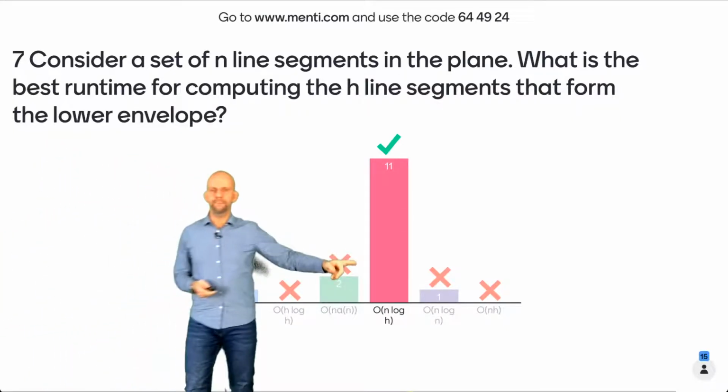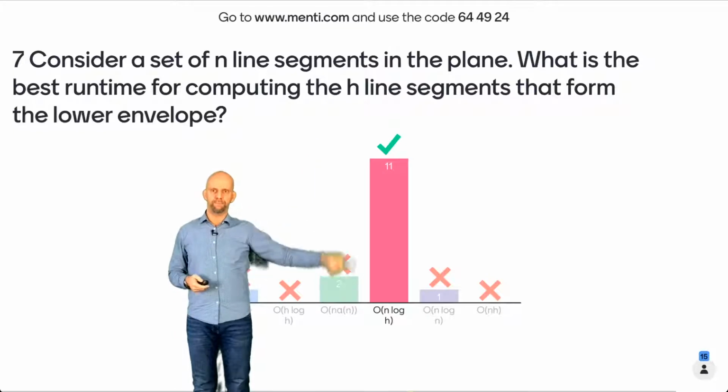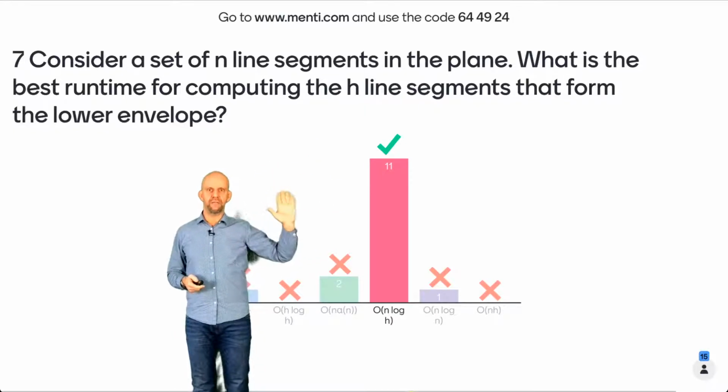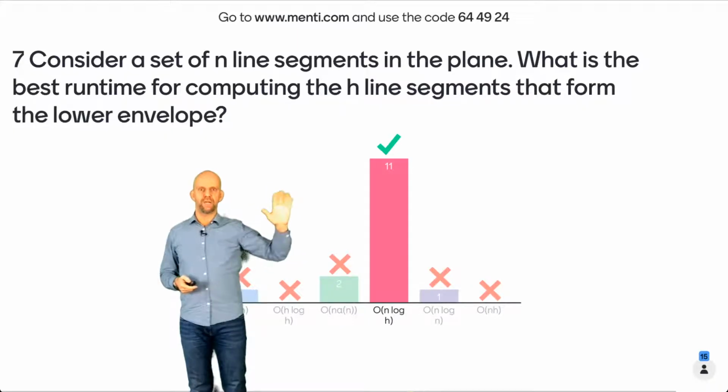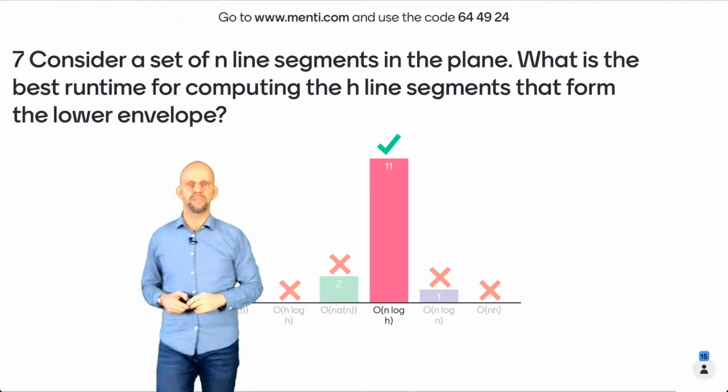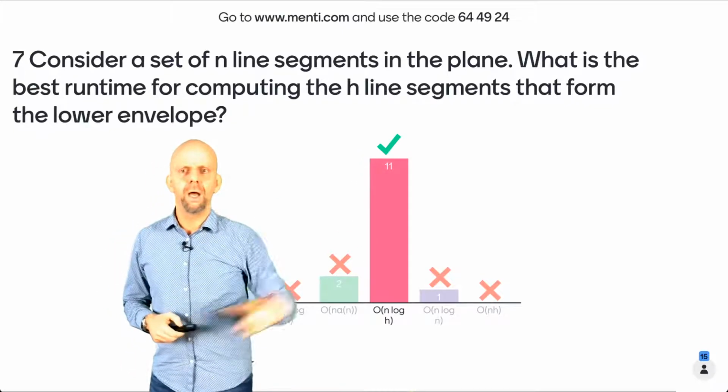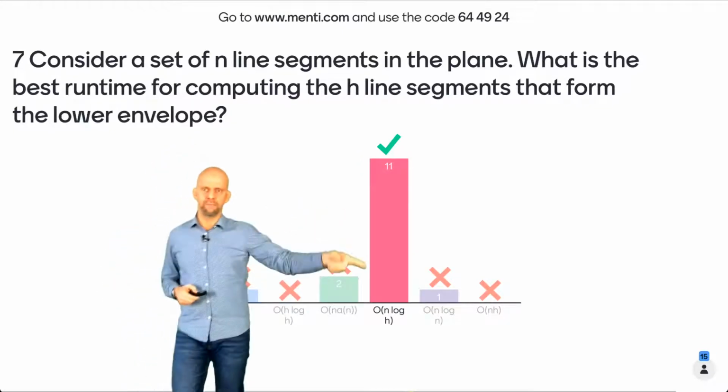This is actually in the paper by Chan. There's a specific section in Chan's paper that mentions this.